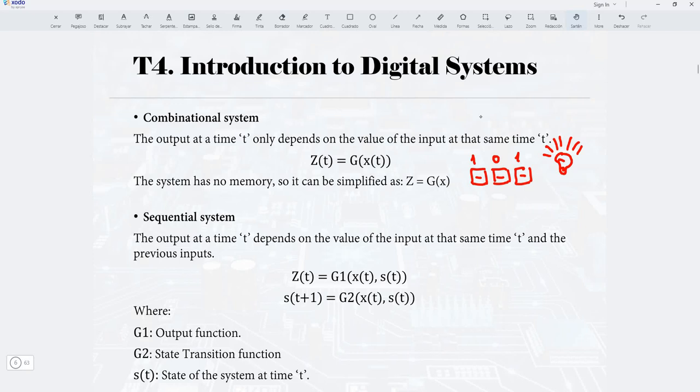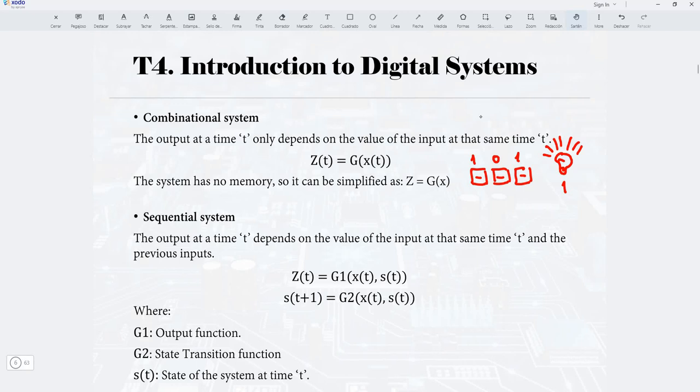For this light, we are going to consider that the first switch has to be 1, the second is going to be 0, and the third is going to be 1. When we have this combination in the input, the output is going to be 1, and the output is going to be considered as a light that is going to turn on. This is a really simple example, but you can more or less imagine how a combinational system works.